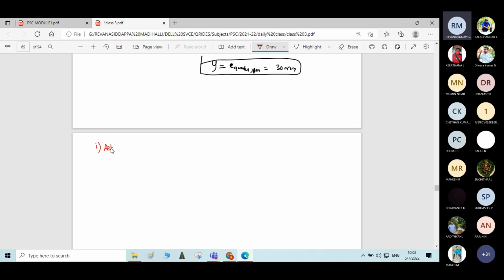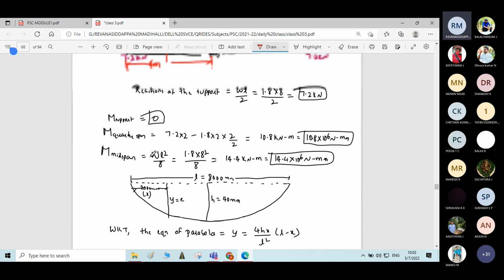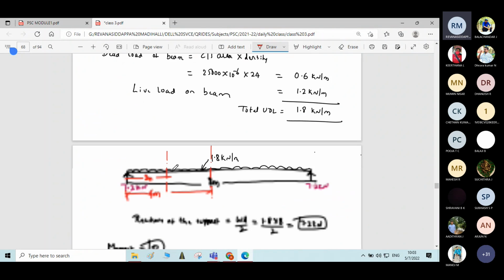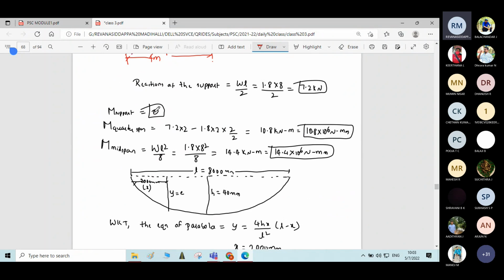Stress distribution at support. At the support, what is the eccentricity? It is 0. There is no eccentricity. And what is the moment at the support? M is also 0.